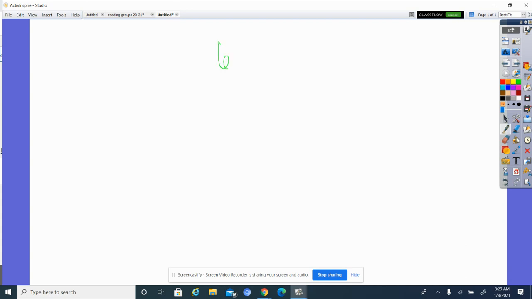If I have 6 times 7 equals 42, it's saying I can relate multiplication to division. So how can I write a division problem that relates to this multiplication? 42 divided by 7 equals 6.